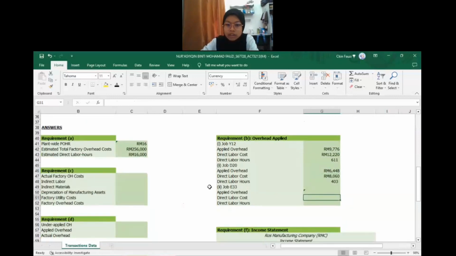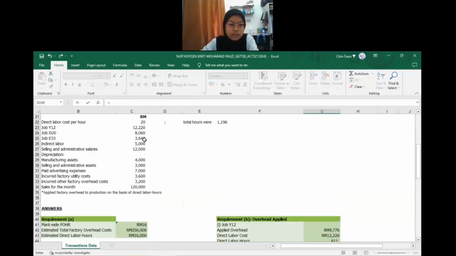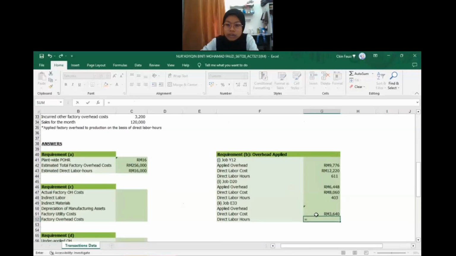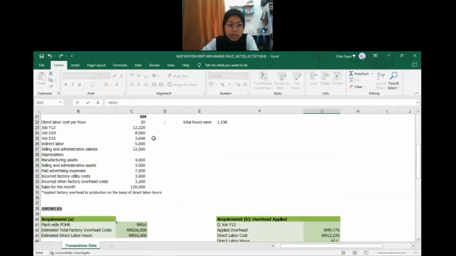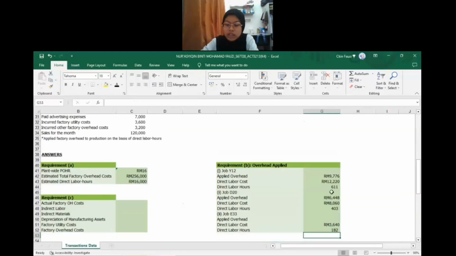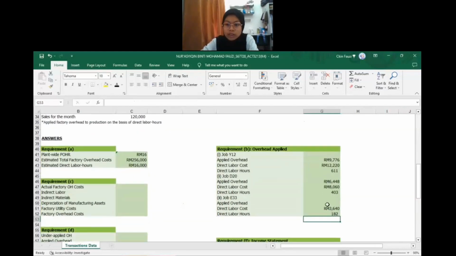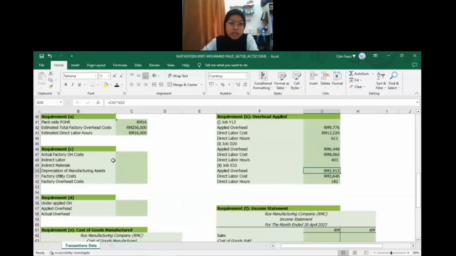Take the direct labor cost in the question, 3,640, and find the direct labor hours, 3,640 divided by 20 ringgit per hour. So we get 182 hours. Find applied overhead, 60 ringgit times 182 hours. So we get 2,912 ringgit. So done for question B, we move to question C.